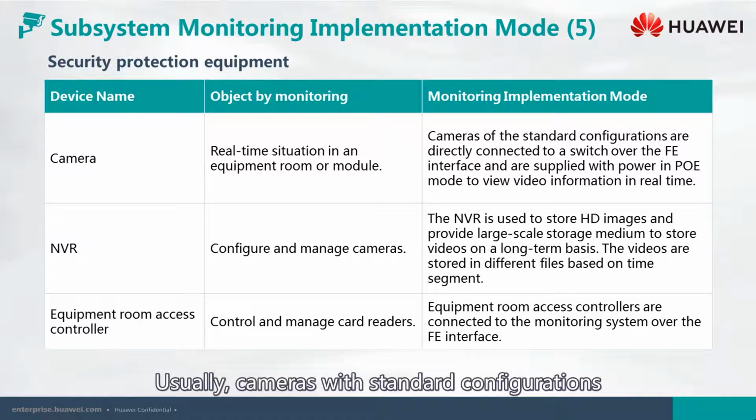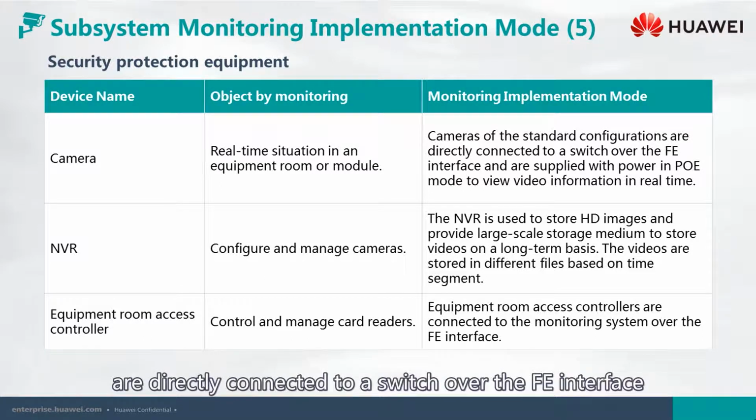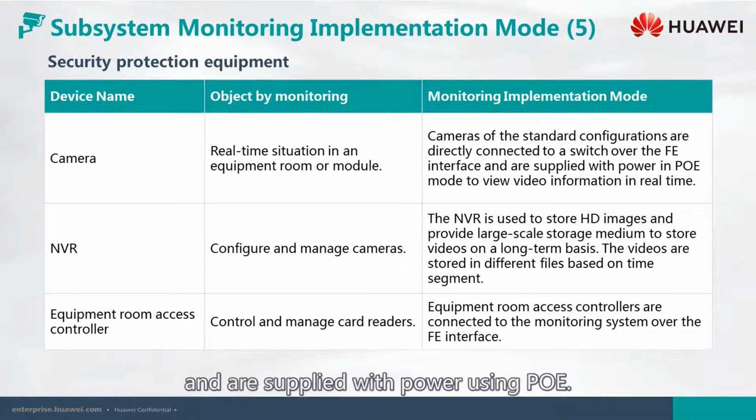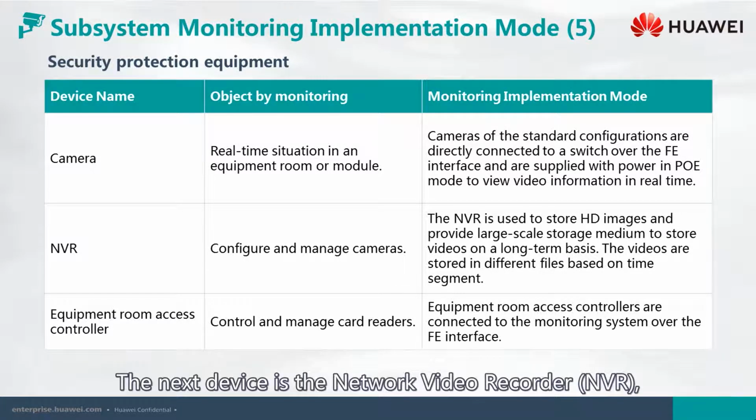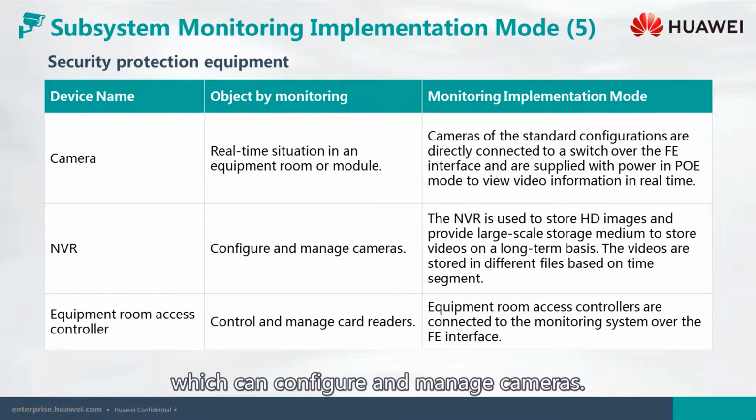Usually, cameras with standard configurations are directly connected to a switch over the FE interface and are supplied with power using PoE. The next device is the Network Video Recorder, NVR, which can configure and manage cameras.